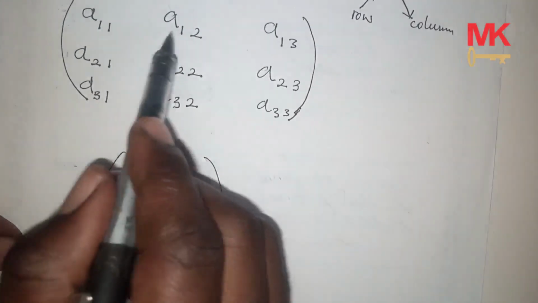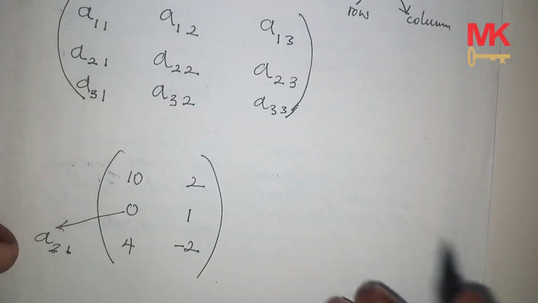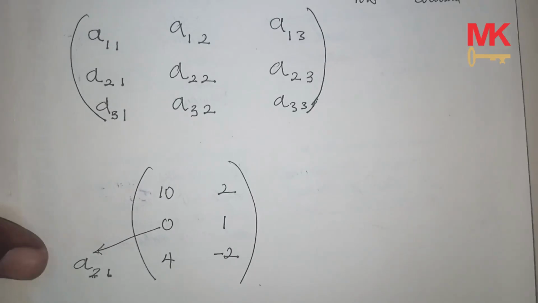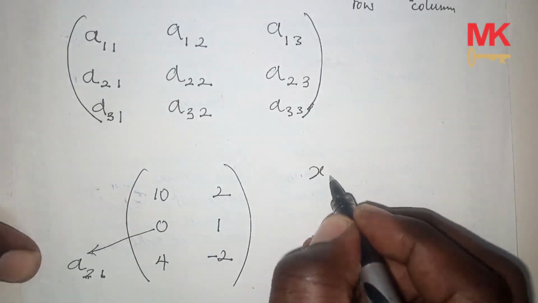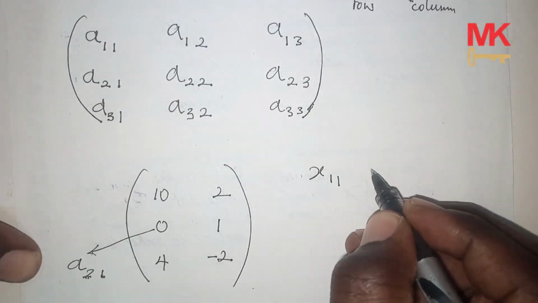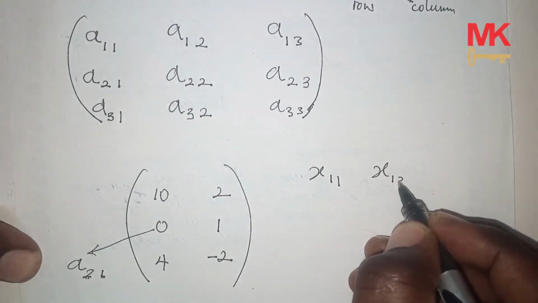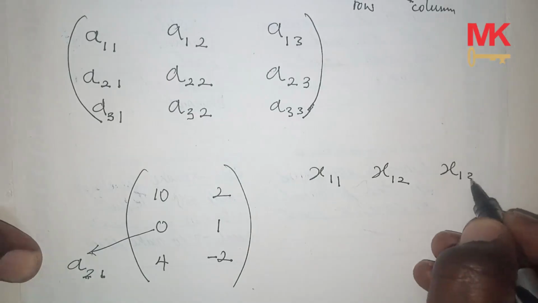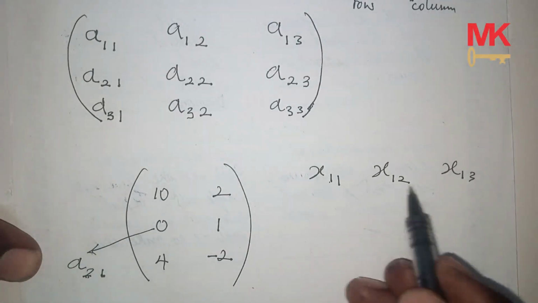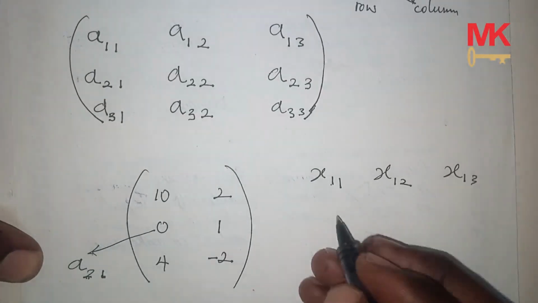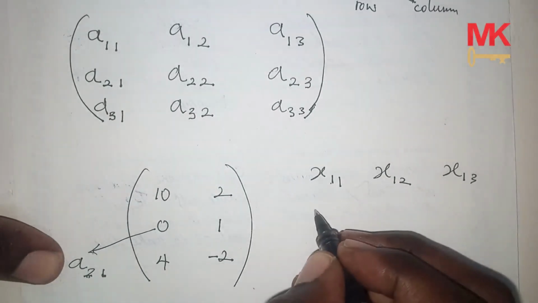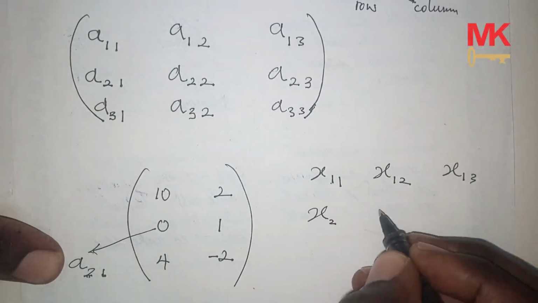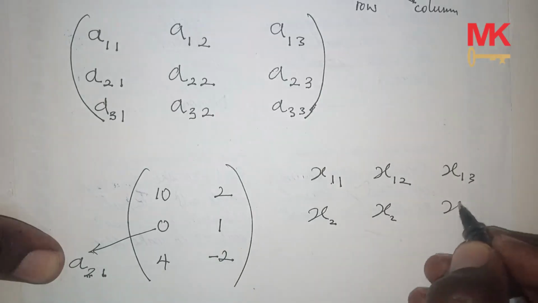So if we're going to be using X for all of these, that means we'll have X11, X12, and then X13. All this 1 you see here represents the first row. And then the next row, which is the second row, will now take 21, 22, 23.